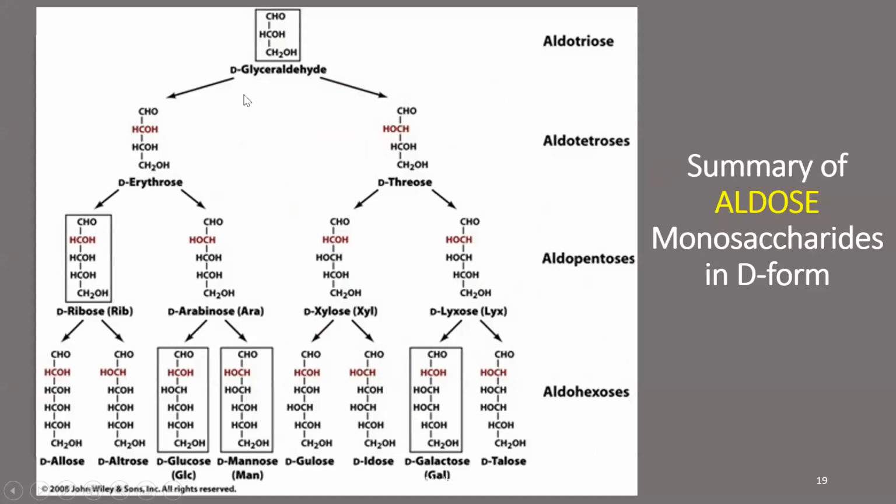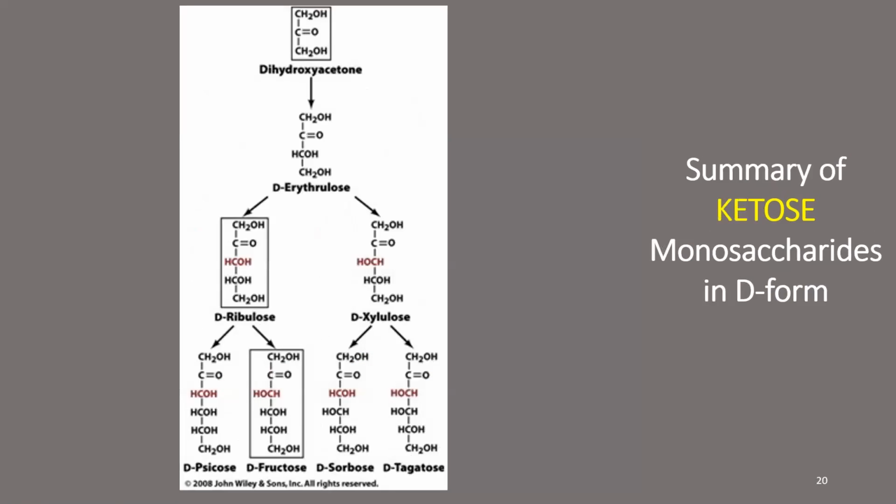So this is the summary of all the different monosaccharides that we have learned so far. We learned about glyceraldehyde, the 3 carbon ones, then 4 carbon, 5 carbon, 6 carbon. This is kind of nice for me to always think of all of the aldehyde sugars, and the next one for all the ketone sugars.